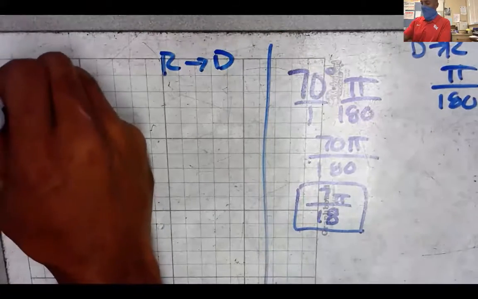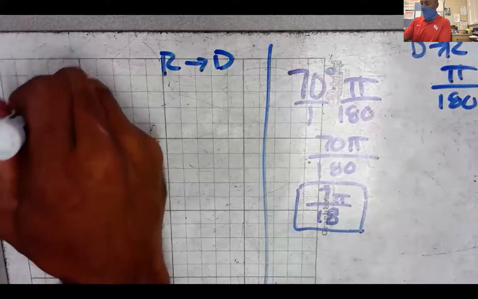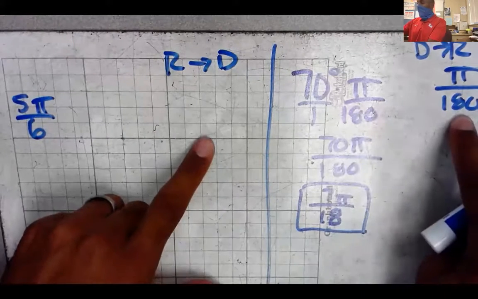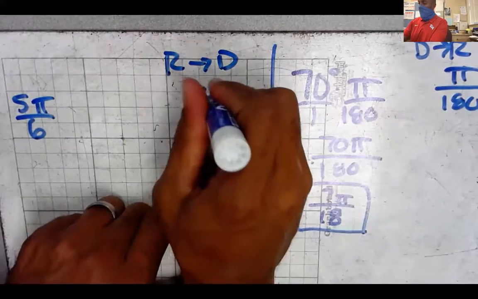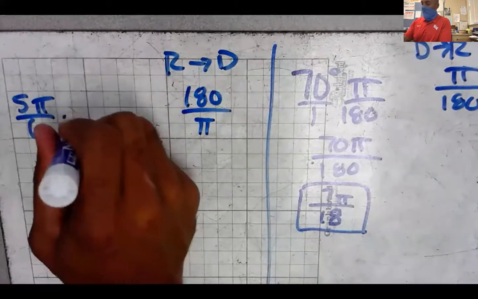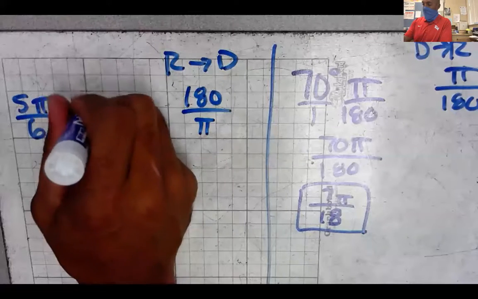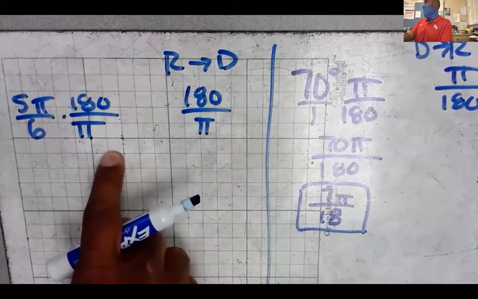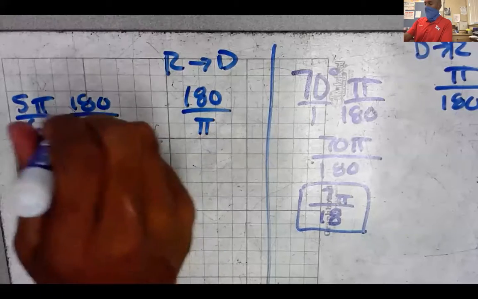Let's say I'm going to convert 5 pi over 6. Okay, well, I just multiply the same ratio, but I flip it. Now you'll see what happens is that when I flip it, I have pi in the numerator, pi in the denominator, which means what happens to those? They cancel.